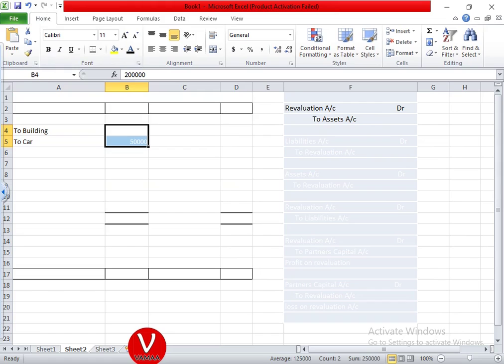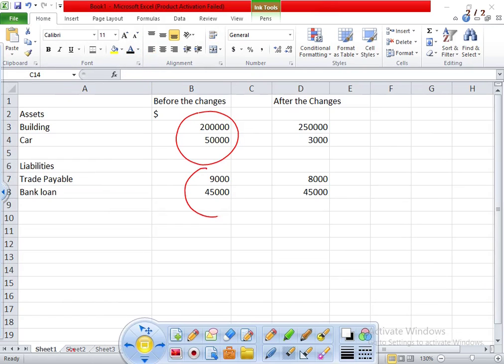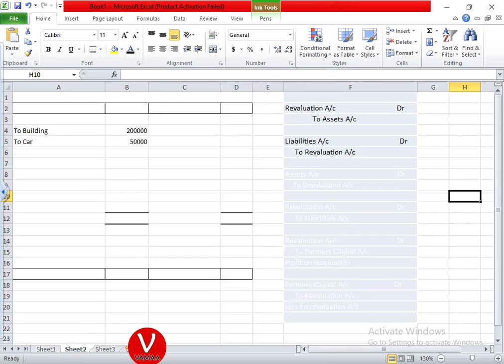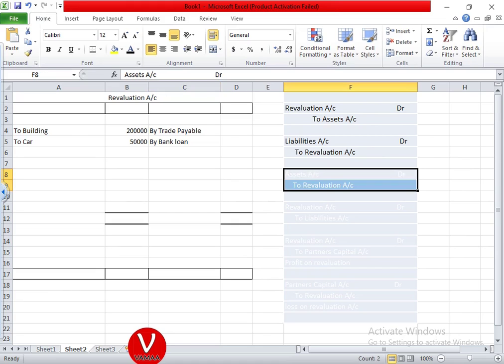So here you go. Now the second entry is transfer of liabilities. So it's liability account debited to revaluation account. In this question, my liabilities are 9,000 and 45,000. These are my old values. I'll transfer them here. So according to this, I need to write down liabilities on this side. Okay, sorry, this is my revaluation account. Now, the third journal entry is transferring back the new value of assets, which is asset account debited to revaluation account.